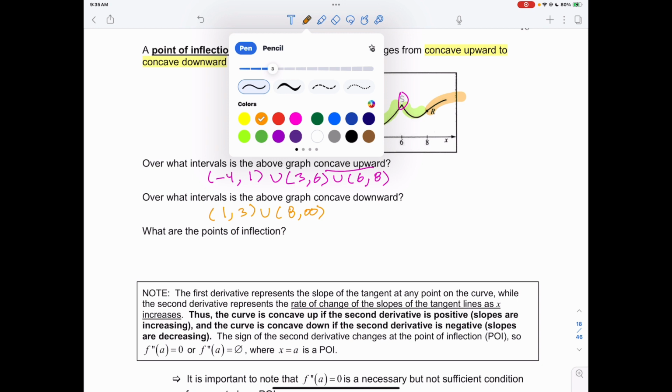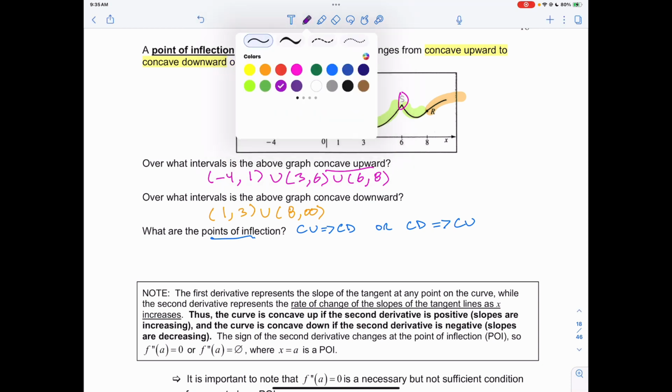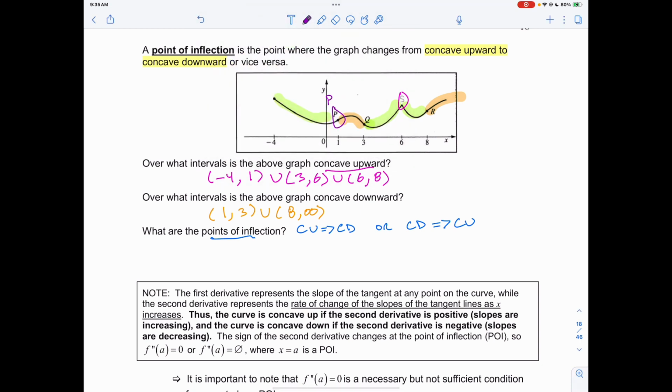Now, if we think of the requirements for points of inflection, they go from concave up to concave down, or from concave down to concave up. So, where did we switch from up to down or from down to up? Well, it happened at P, it happened at Q, and it happened at R. 3 of my 4 points here.